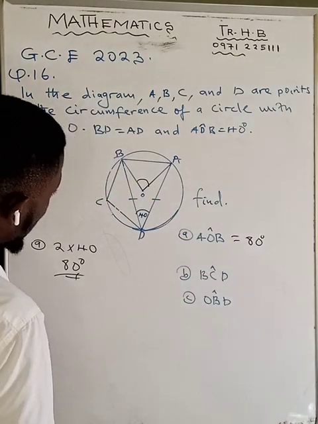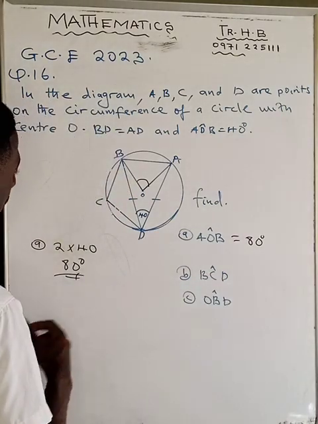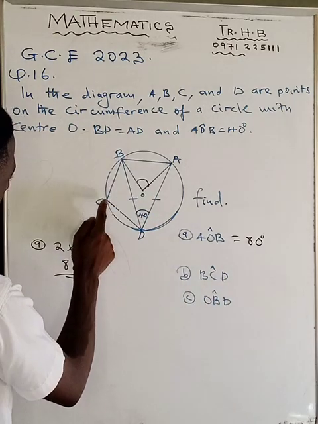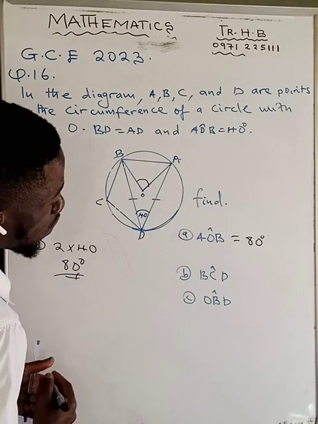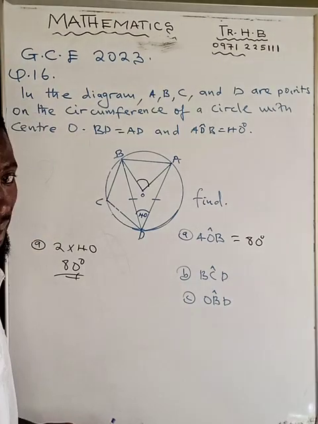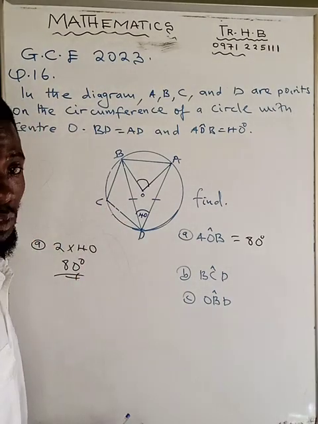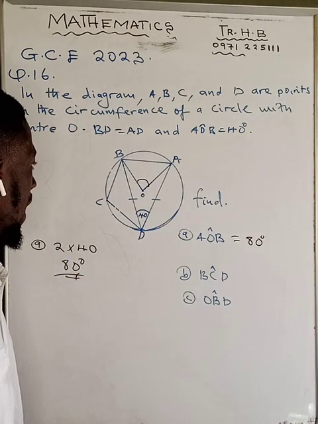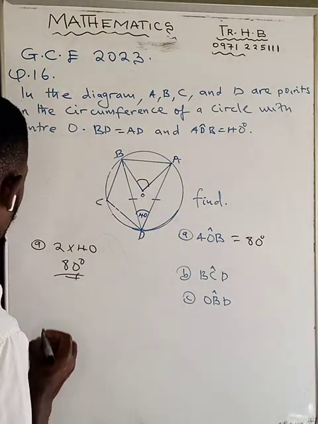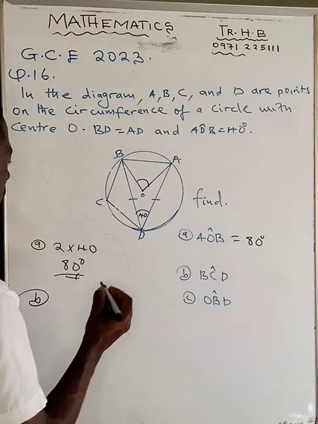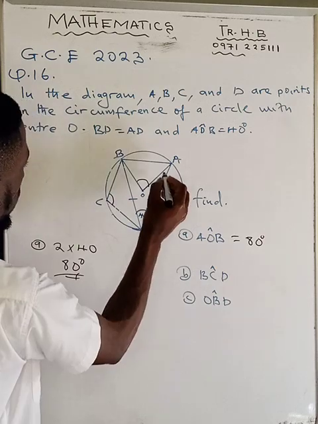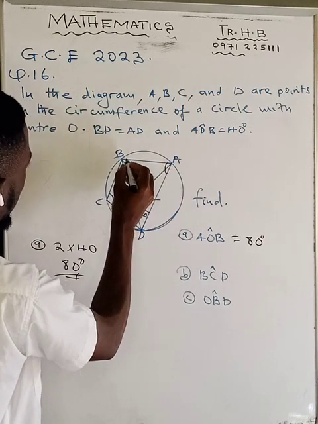We move forward. The second question is saying calculate angle BCD. Remember, for all the questions that you meet on this topic, for you to provide solutions, you need to make use of the properties and the ideas on angles. So, part B, we have this angle here that we are looking for. So what we are going to do, we'll first find this angle here and this angle here.